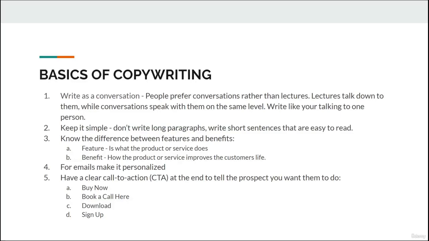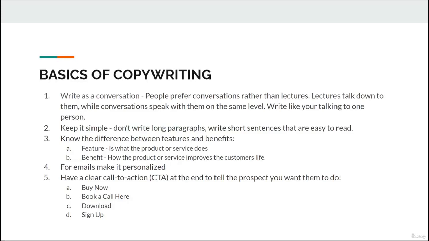A benefit is how the product or service improves the customer's life. So the benefit of a pen could be, oh, you can write your poems, or you can write the first drafts of your best-selling novel in a couple of years or something like that. You're really trying to get down to the emotion. You want to talk about the benefits of something, not the features of it.